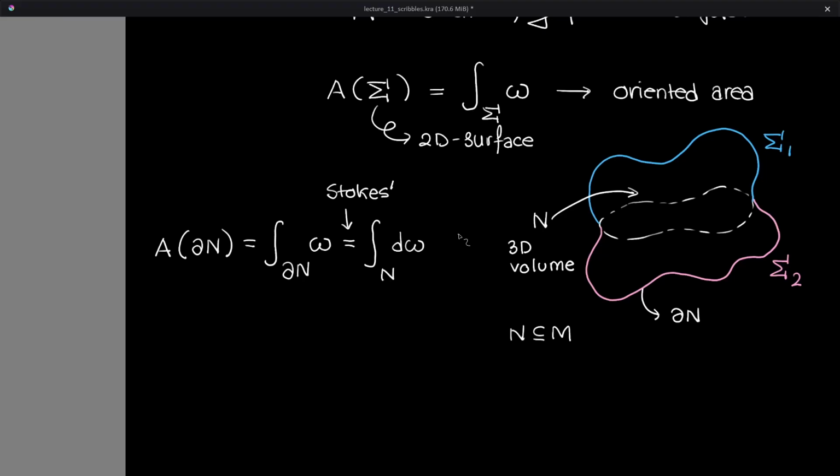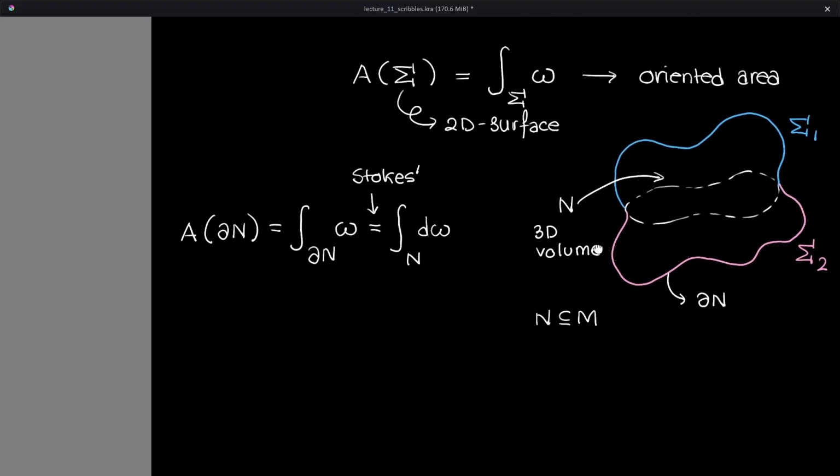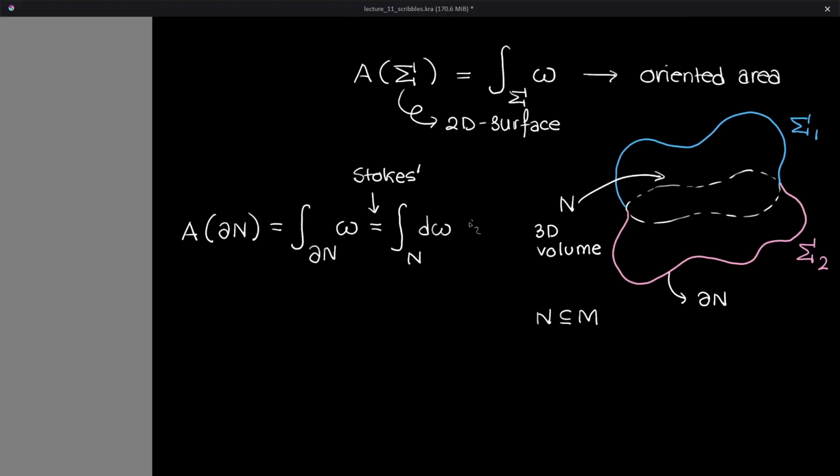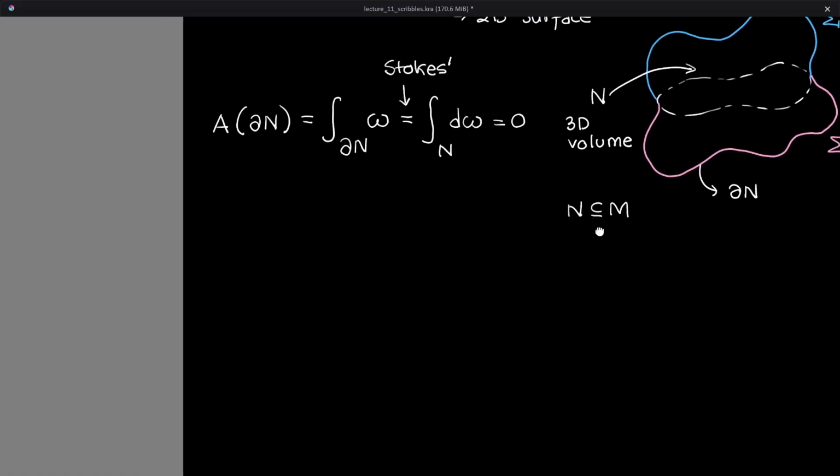But remember, omega is the symplectic form, and its exterior derivative is 0 because it's a closed form. So this is 0.